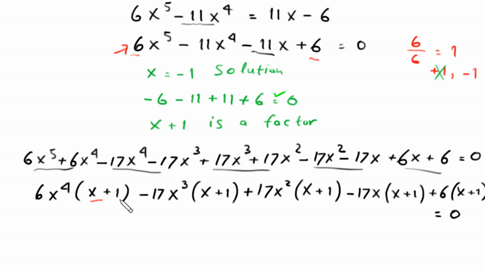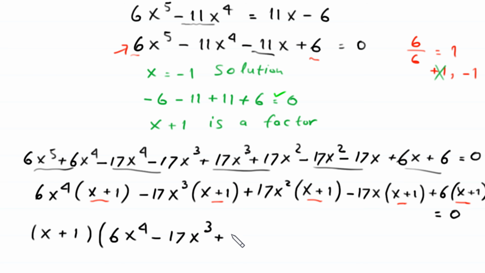Now this x plus 1 is a common factor, so we factor out this x plus 1, and in bracket 6x to the power 4 minus 17x cubed plus 17x squared minus 17x plus 6 equal to 0.